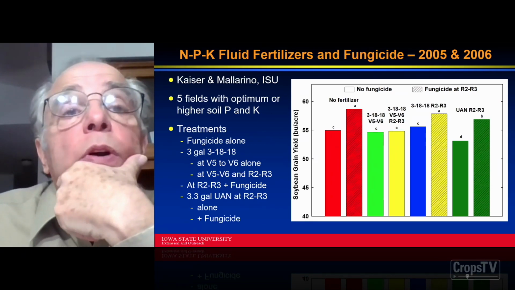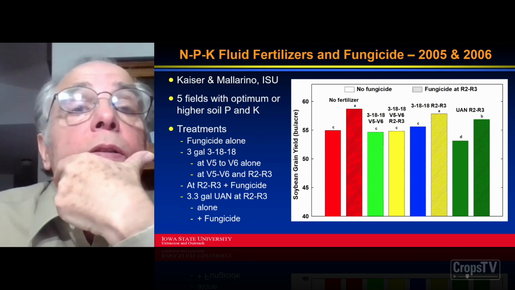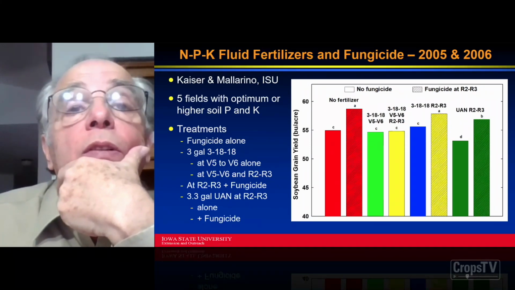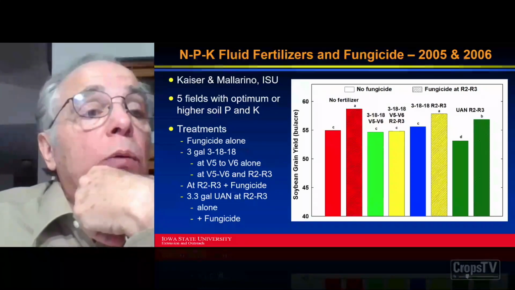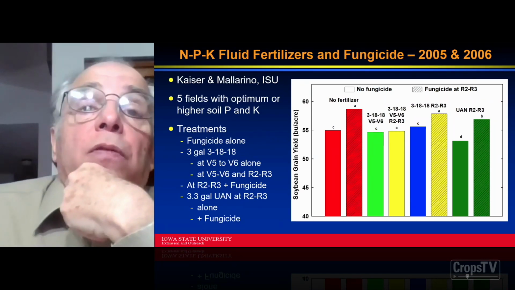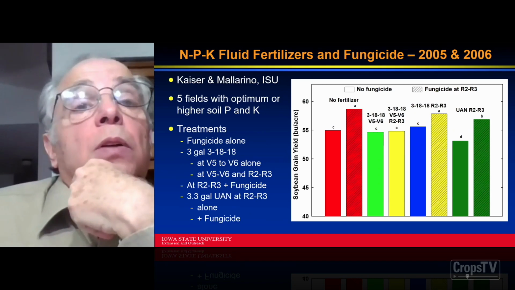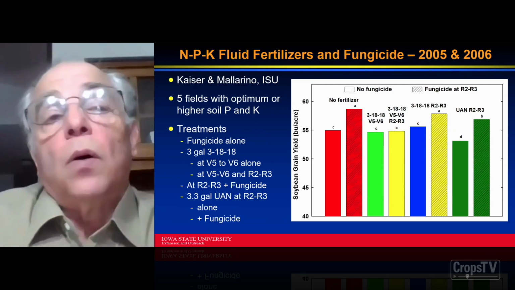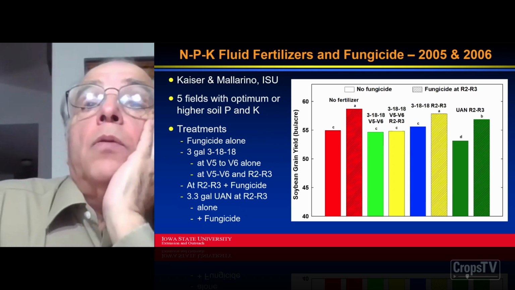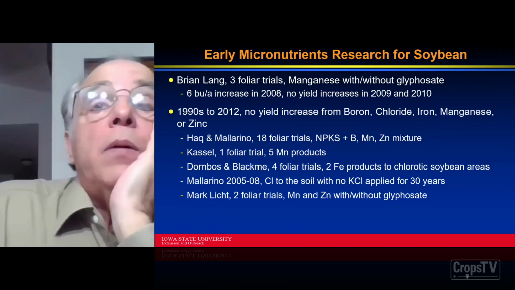Essentially there was no response at all to the fertilizer, but we saw a response to the fungicide. And actually here UAN at the rate that we applied, 3.3 gallons, reduced yield a little bit. And when we put the fungicide, then it was similar to the others, almost similar. So, I mean, there was no response.